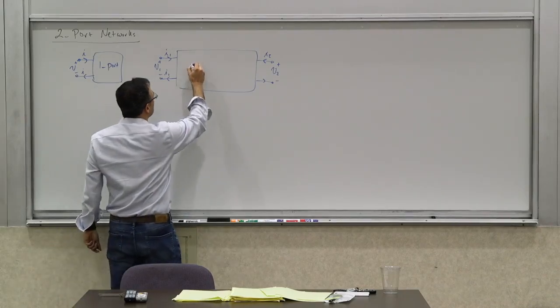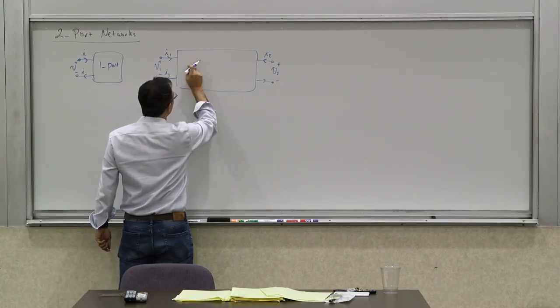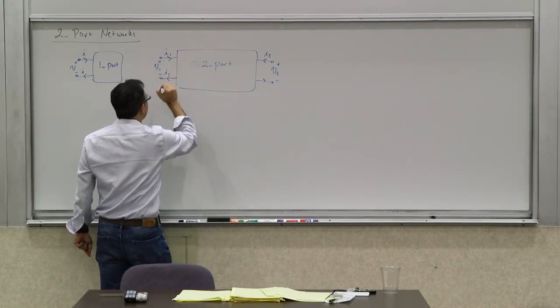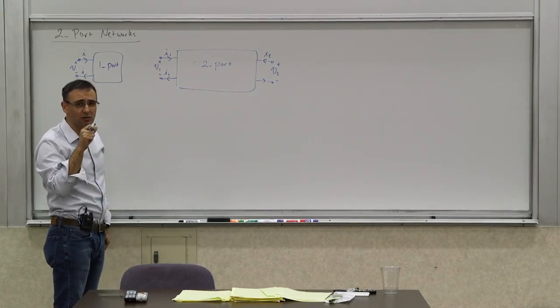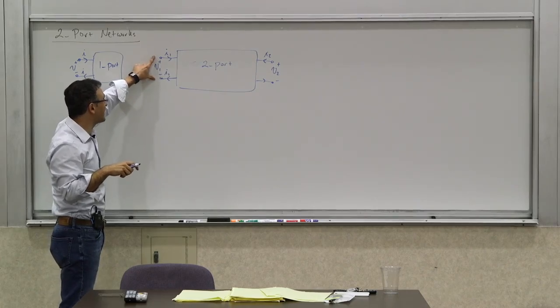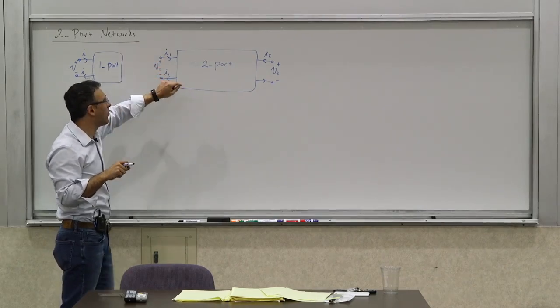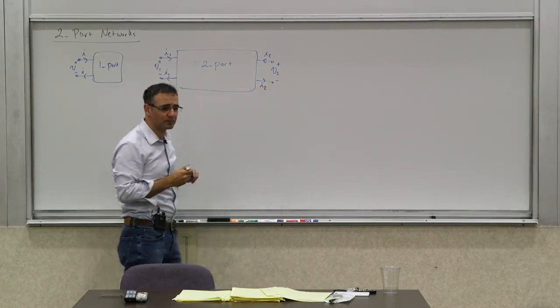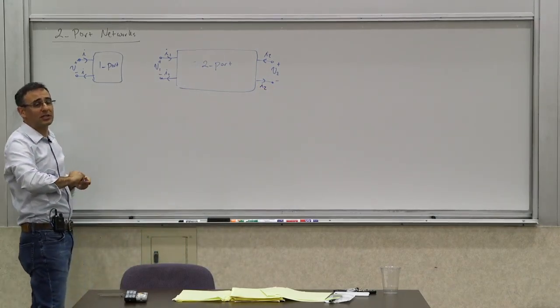For something to be a two-port, this constraint needs to be satisfied: the ingoing and outgoing currents at each port are the same, as for the one port. So these are both I1, and these two currents are also the same, so these both have to be I2. There are different ways for this to be satisfied.